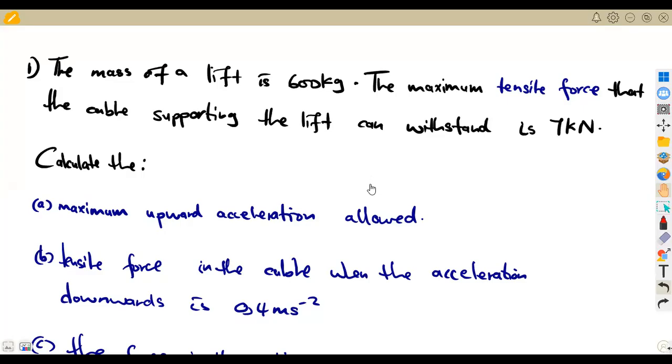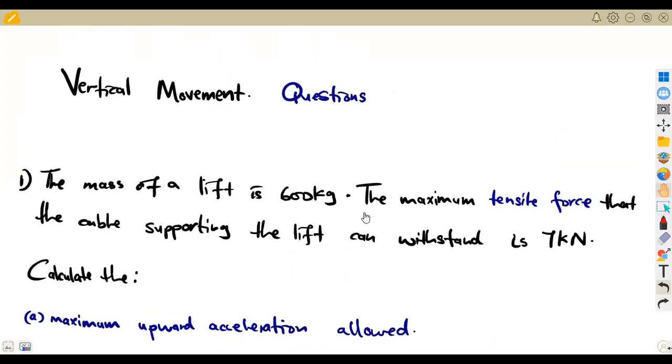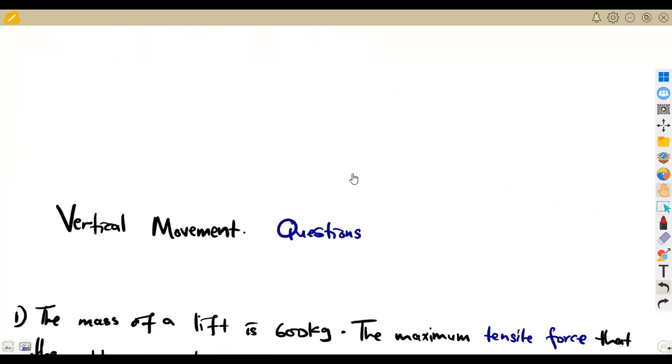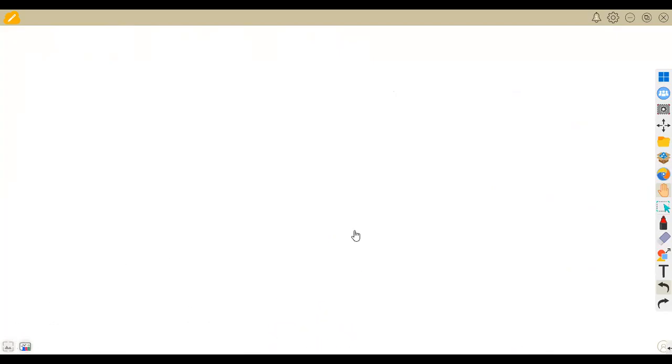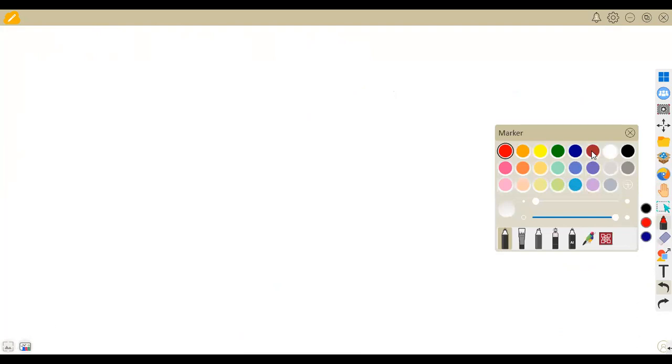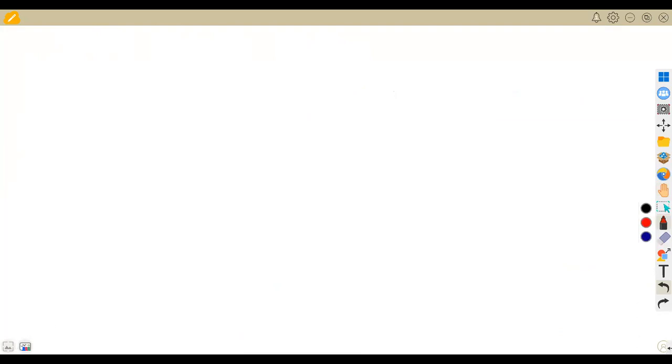So on this part, before we talk about the questions that we have, I just want to have clarity from that last part that we talked about. We talked about if we are given just a normal object that is hanging from a certain point, it is going to be affected with a certain weight due to what?